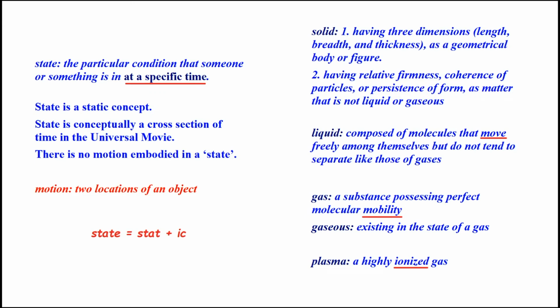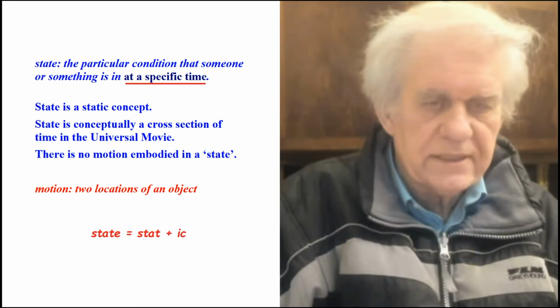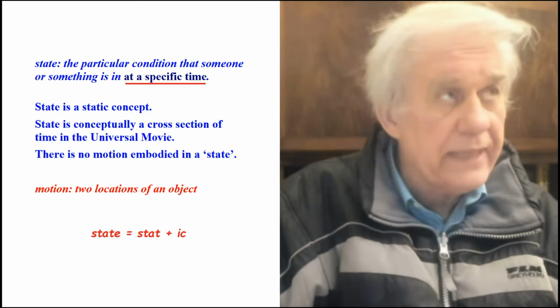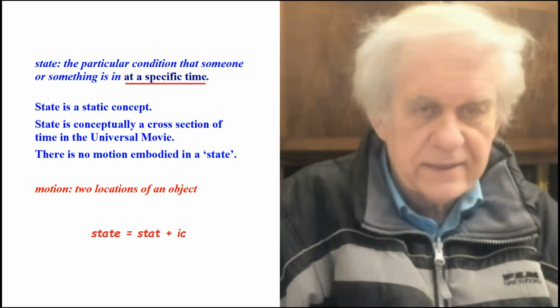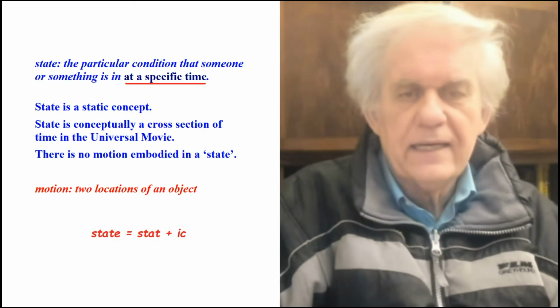That's not the point. The point is the word solid, the word liquid, the word gas, under the context of a state of matter, they embody no motion. You cannot say the same thing about plasma. So this is where the problem is. State is a static concept, stands for static. So you cannot say that plasma is a static state of matter.